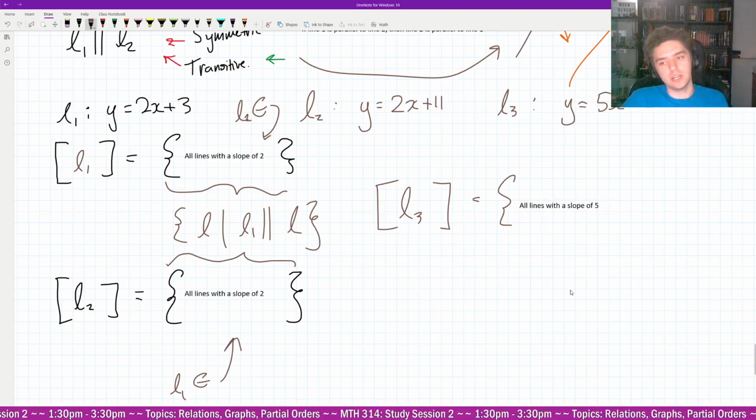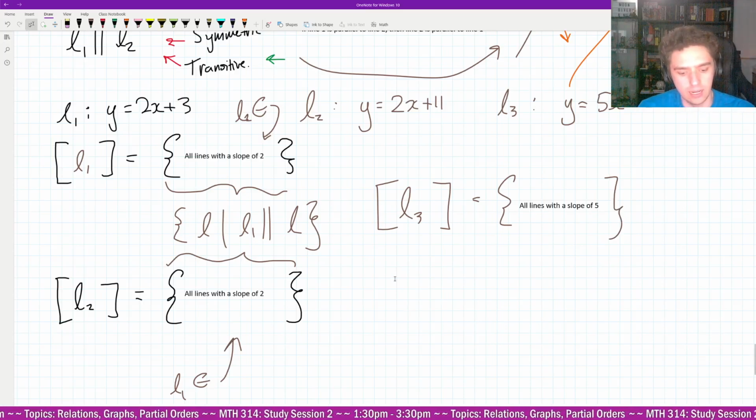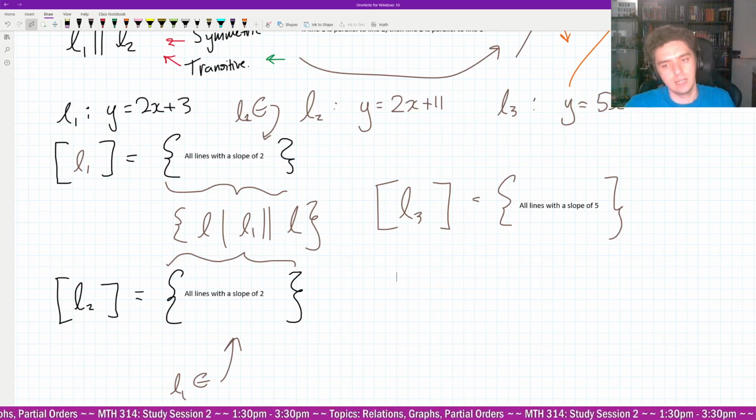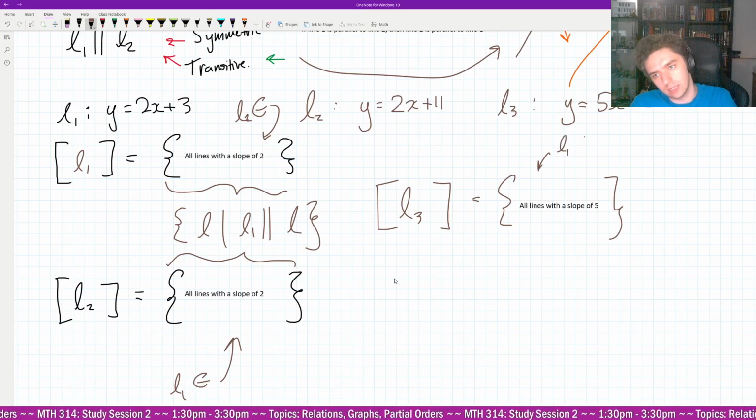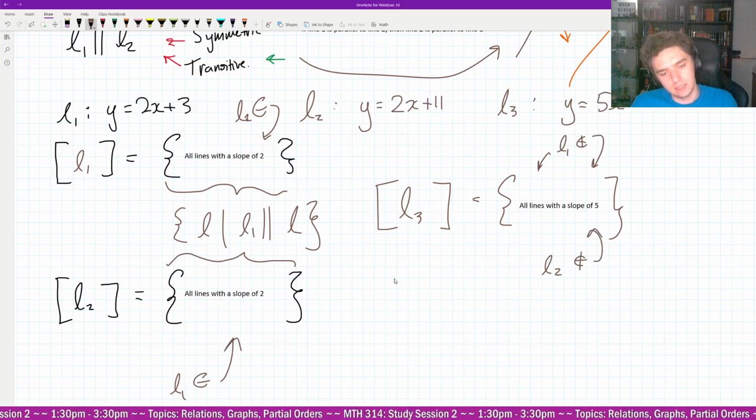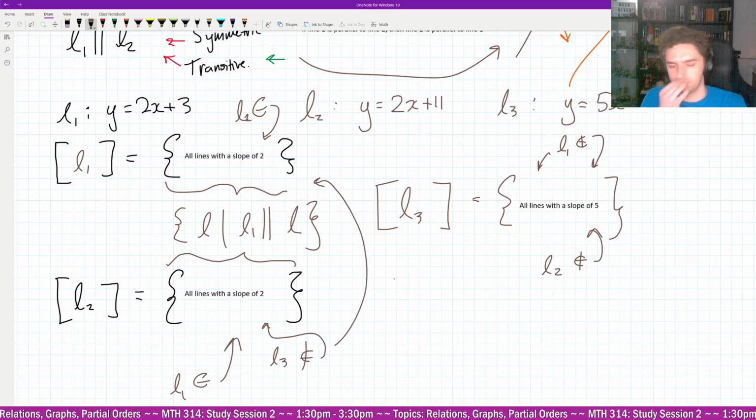And line 1 is not an element of this, line 2 is not an element of this, and line 3 is not an element of this either.